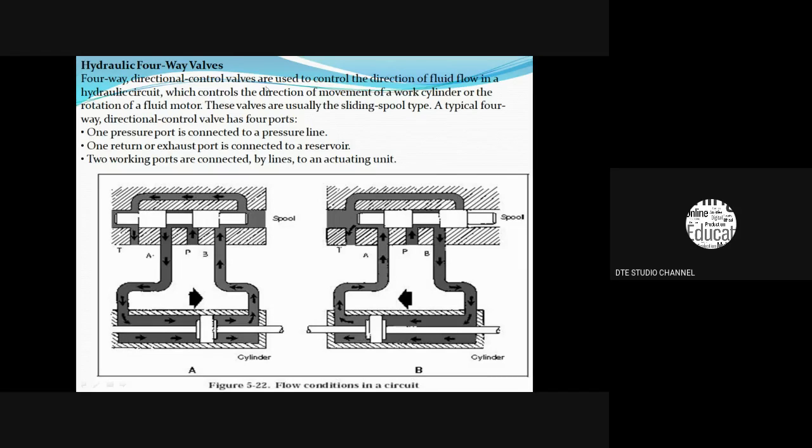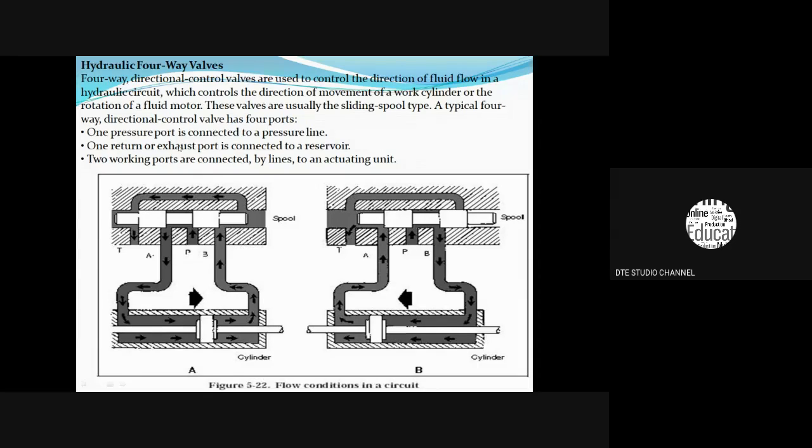Four-way DC valves are used to control the direction of fluid flow in a hydraulic circuit, which controls the direction of movement of a cylinder or rotation of a hydraulic motor. These valves are usually of the sliding spool type. A typical four-way DC valve has four ports.